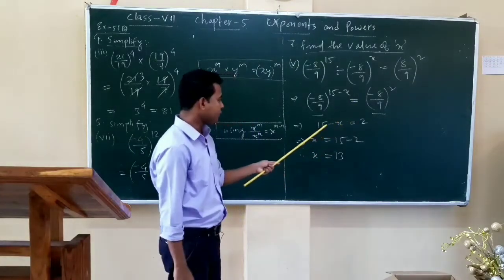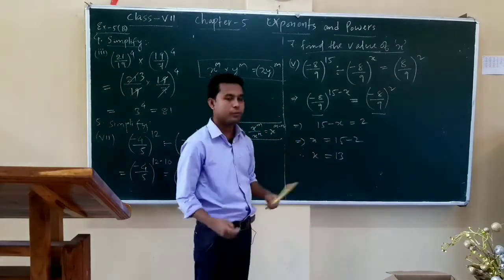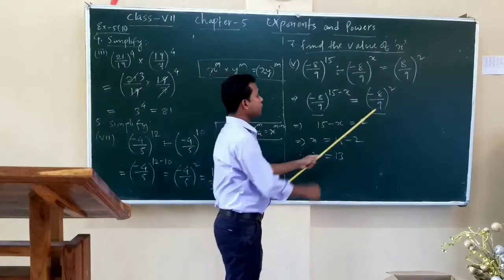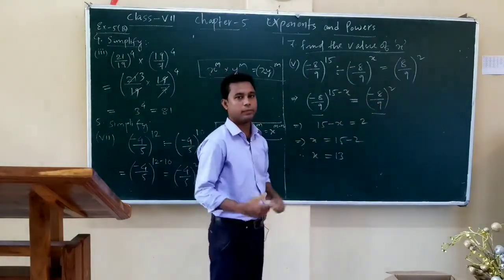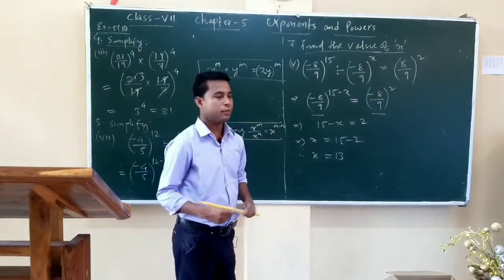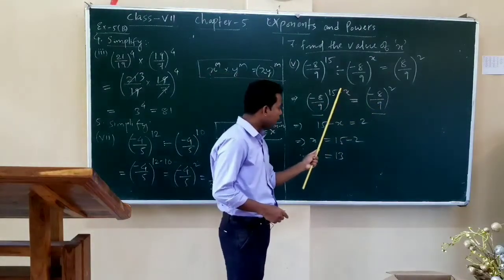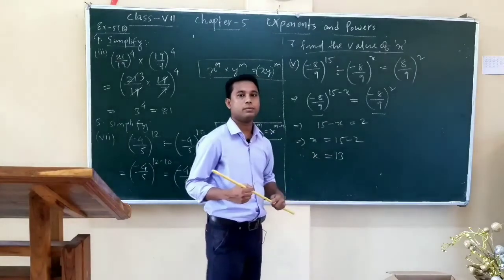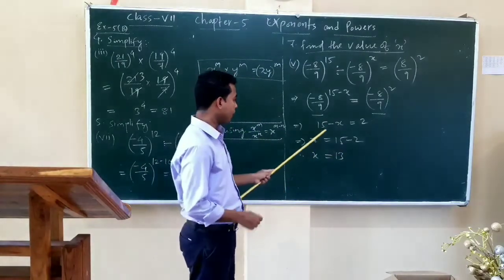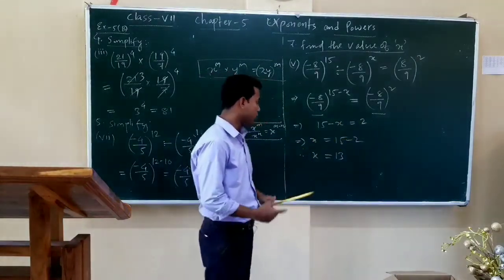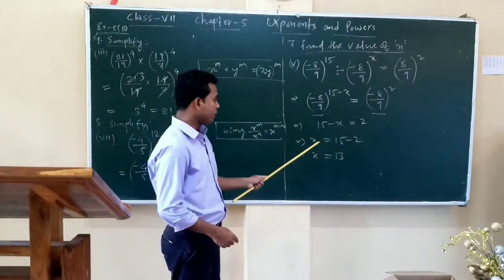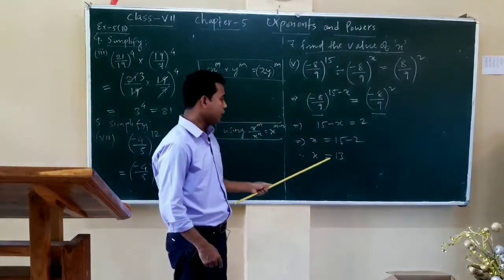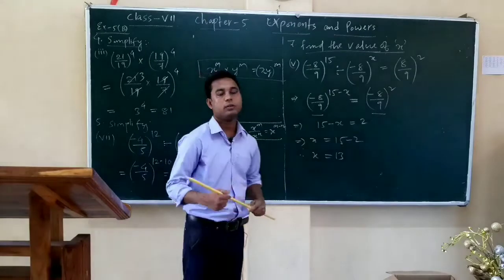So we can write 15 minus x is equal to 2, because the bases are the same, therefore the power also will be the same. So therefore x is equal to 15 minus 2, and the value of x will be how much? 13.